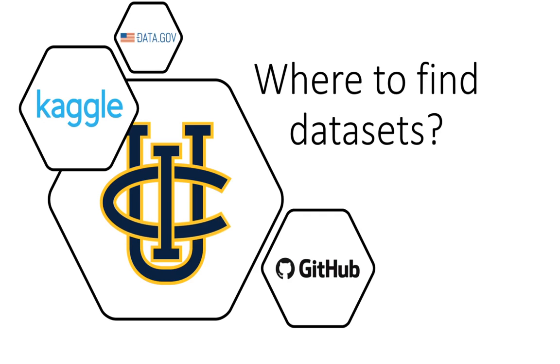GitHub, I've posted some of my GitHub links on this channel before, and you can pull down data sets that other people have posted and have worked on, and it's really cool and fun and easy to work with as well. Both of those places you need to create accounts, but they're free, and it's totally worth it to access those great wells of resources.